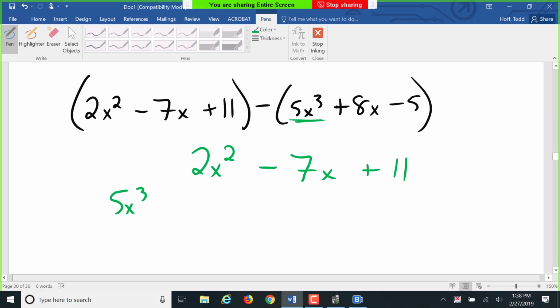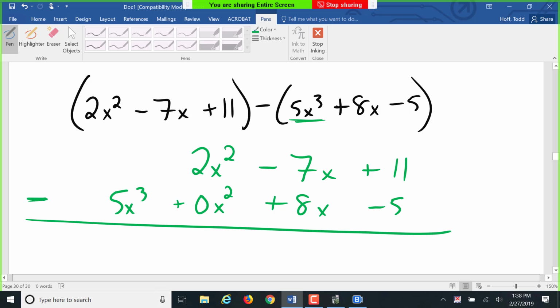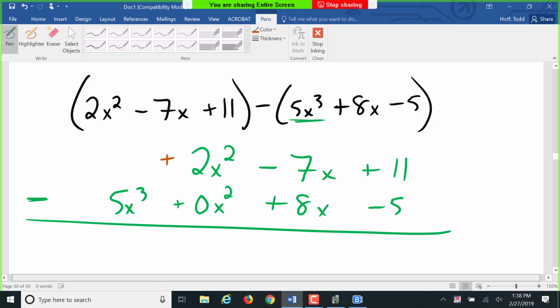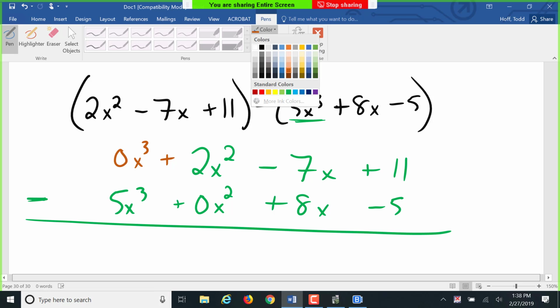It has to go out here, doesn't it? I have no x squared, so I've got to put in 0x squared, 8x, and my minus 5. And I am still subtracting. To make this work, however, I have to put in a 0x to the third, because there wasn't one in that first polynomial. Now I can subtract.